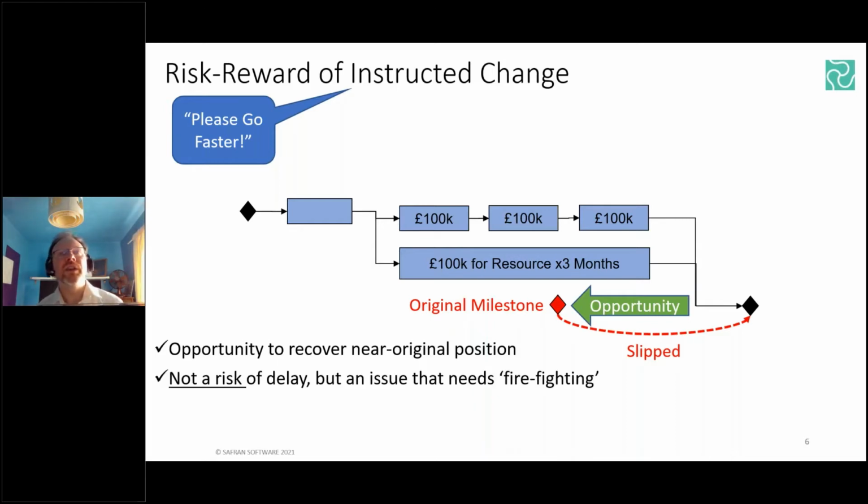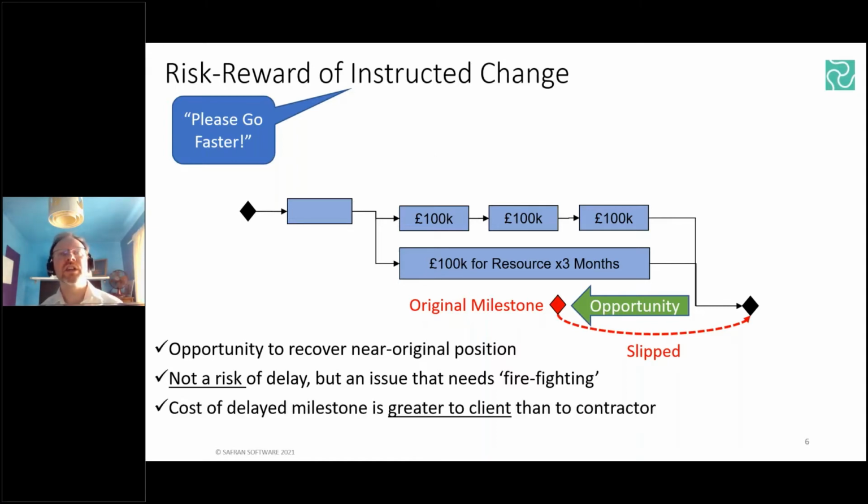So the existing risk of further delay is a bit of a moot point, because in the current situation, the cost of the delayed milestone is actually greater to the client than necessarily to the contractor.